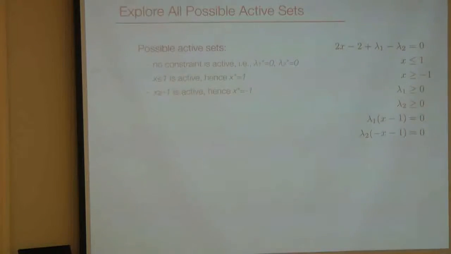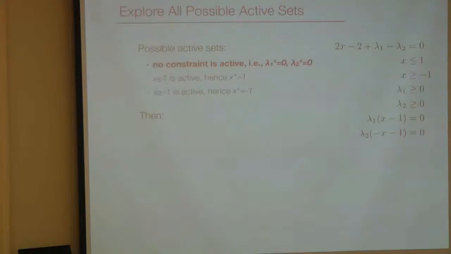Well, not really. We cannot have both constraints active at the same time, because x cannot be simultaneously 1 and minus 1. So now we have three possible situations, and we just need to find out for which of these situations these conditions are satisfied. So we have to solve or verify these Karush-Kuhn-Tucker conditions for each of these three scenarios.